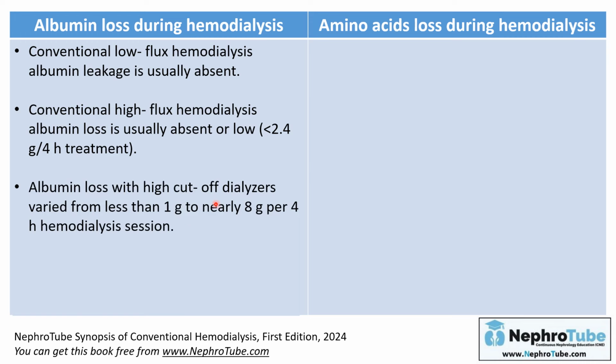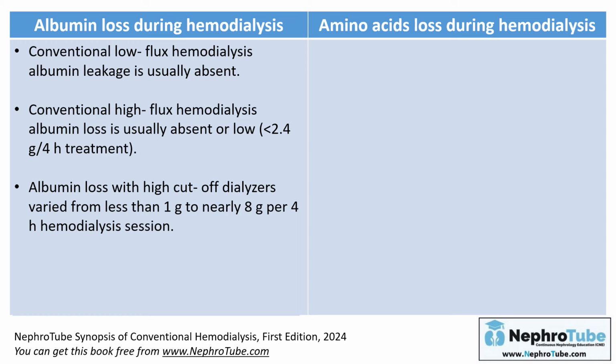If you are using a high cutoff dialyzer, this is not in conventional hemodialysis. The high cutoff dialyzers only are used for management of multiple myeloma. But if you use the high cutoff dialyzers, the albumin loss varies from 1 gram to 4 gram per 4 hours. Different references show different volumes of loss.